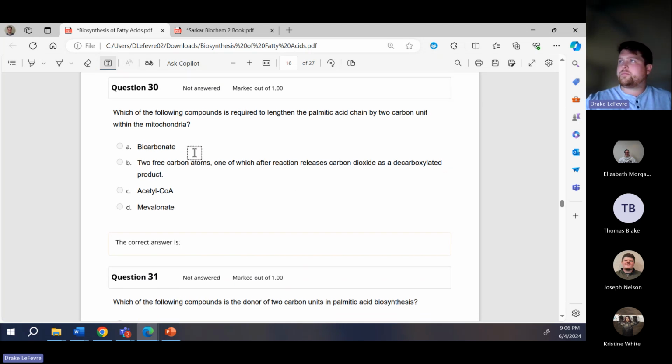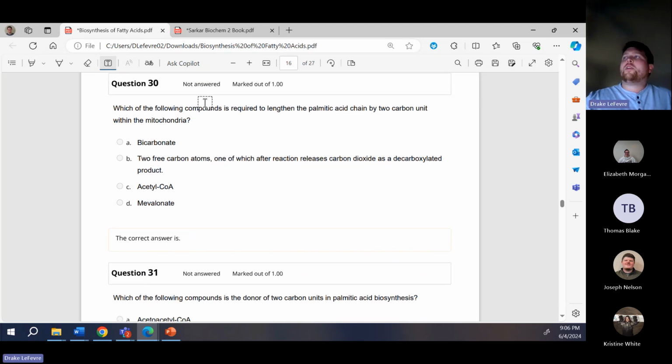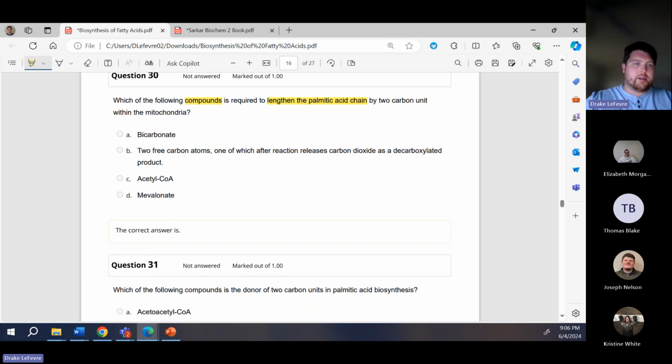Okay. Which of the following compounds is required to lengthen the palmitic acid chain by 2 carbon units within the mitochondria? Two carbons, we look at all the stuff that we have here.